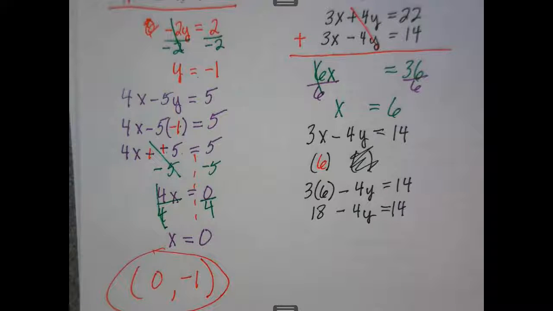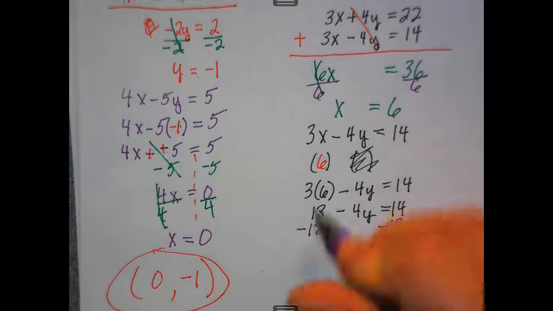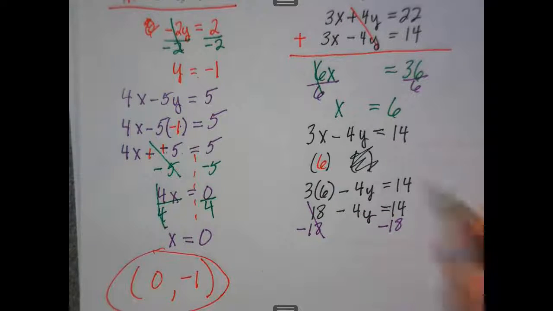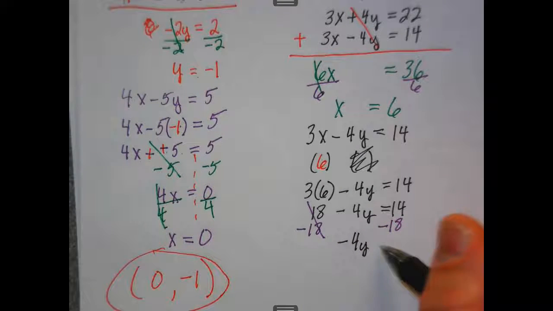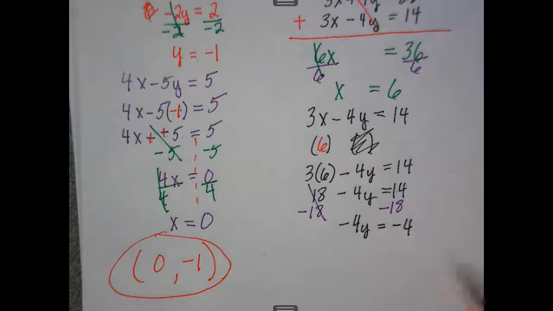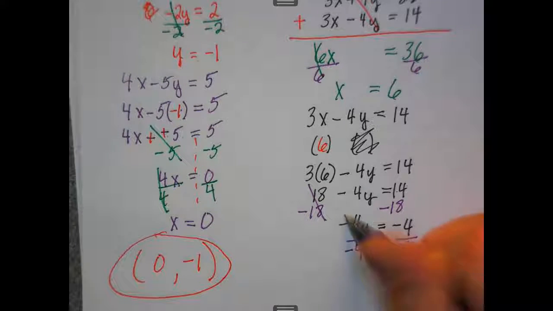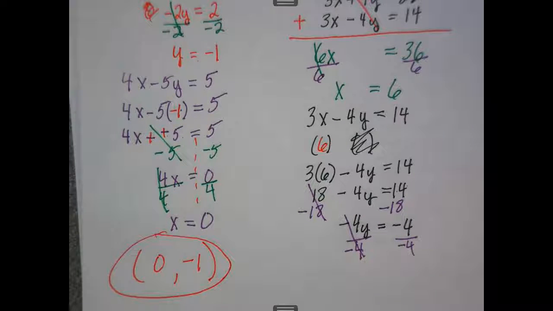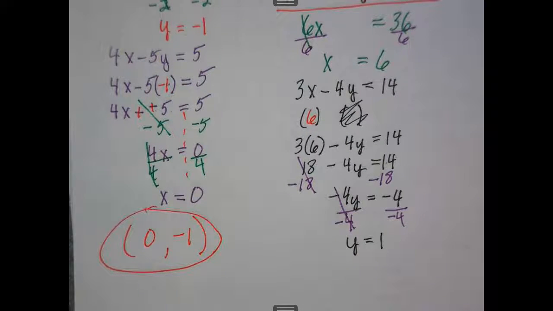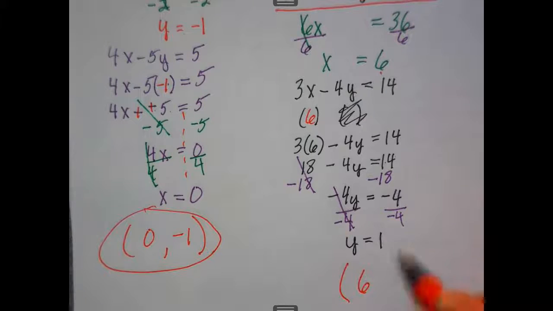I'm going to subtract 18 from both sides. I get negative 4y equals 14 minus 18, which is negative 4. Divide both sides by negative 4. What's my y? It's going to be positive 1. So this intersects at the point where my x is 6 and my y is 1.